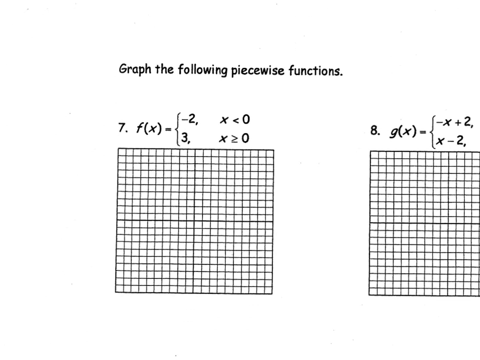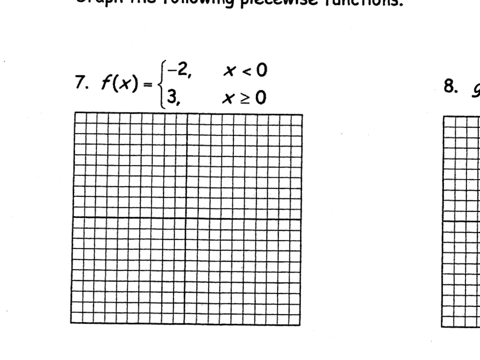Okay, so I kind of talked about this a little bit, but let's talk about graphing one of these again. This is the more basic one. So I'm going to write it as y is equal to negative 2 and y is equal to 3.